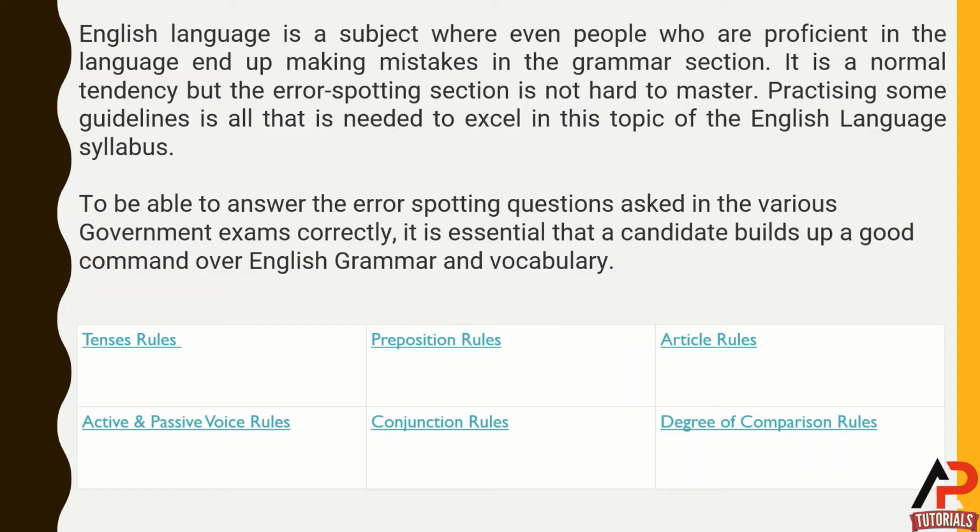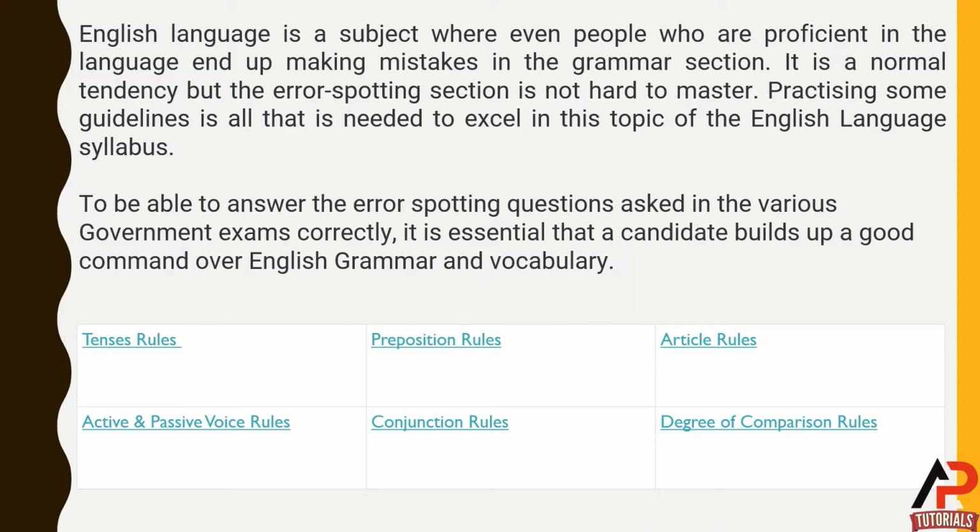To be able to answer the spotting error questions asked in the various government exams correctly, it is essential that a candidate builds up a command over English grammar and vocabulary. As I said earlier, you should have a very good command over English, and you should have a big vocabulary to know the meaning of the sentence, and what you can do to correct that sentence.